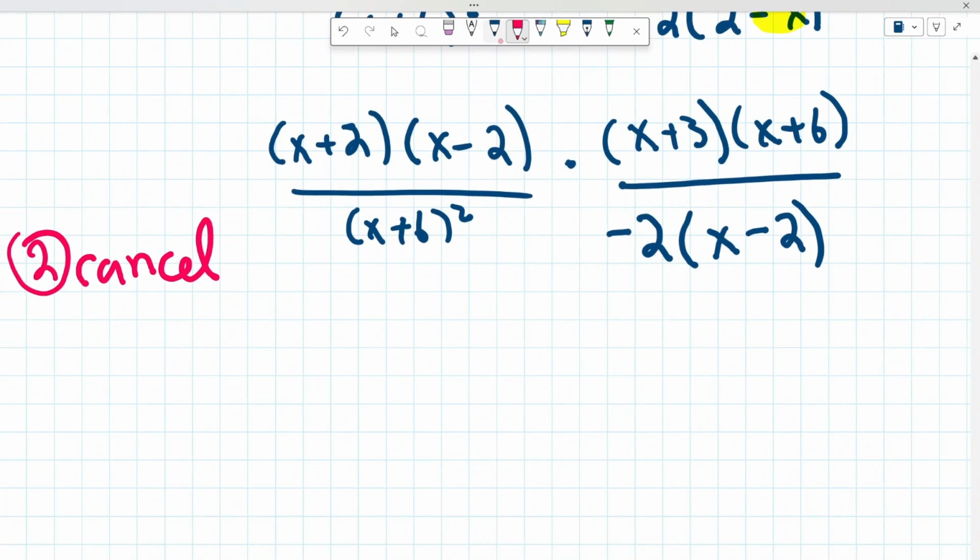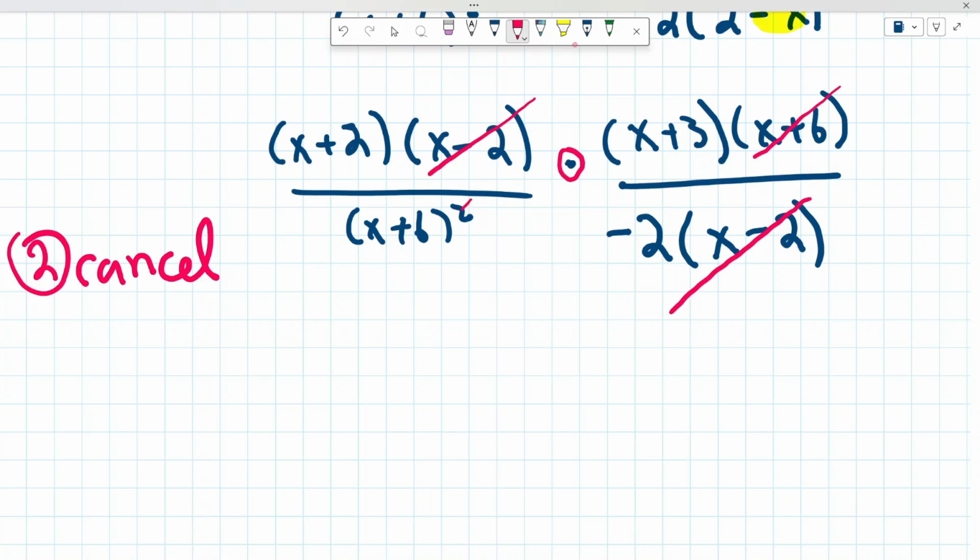So we have x minus 2 on the numerator here and x minus 2 on the denominator. We're able to do this cross cancellation because our terms are separated by a multiplication, so this is valid mathematically. Secondly, we can also see that we have an x plus 6 over here and an x plus 6 over here.